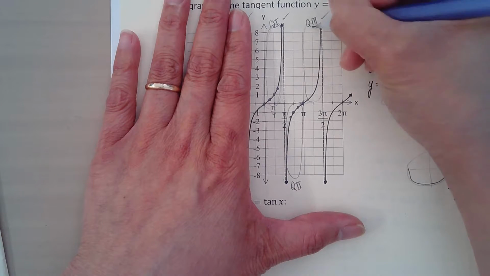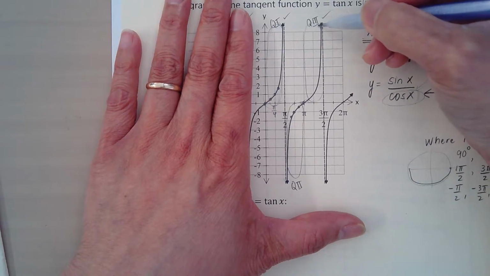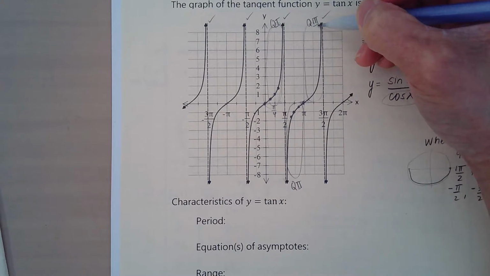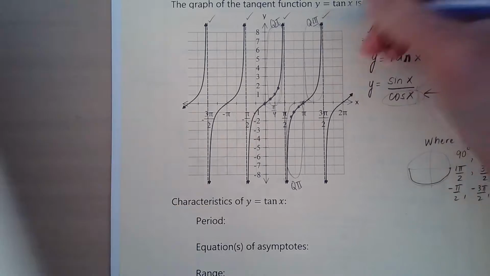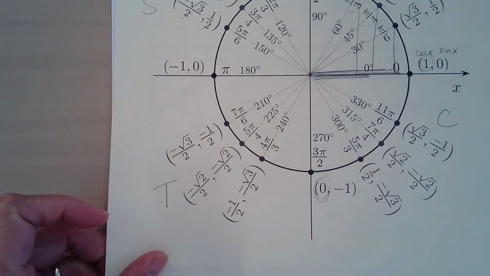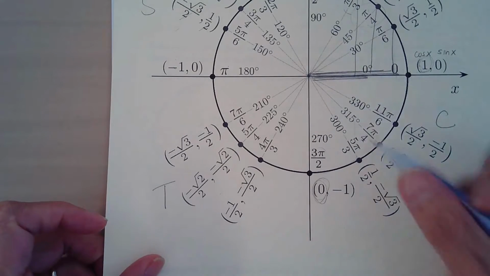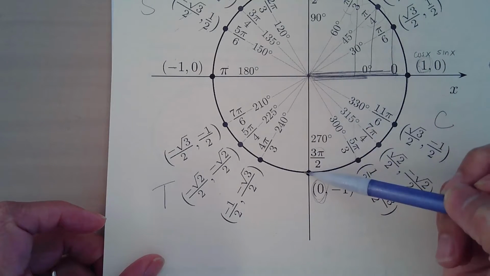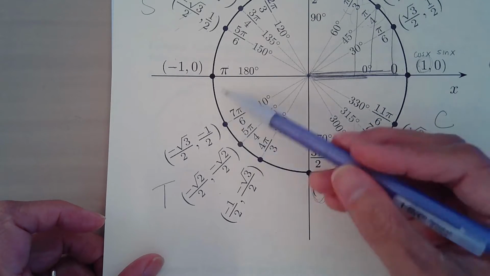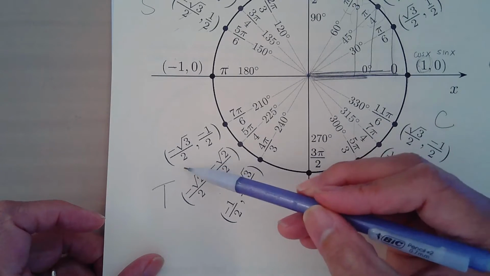And then let's take a look. In quadrant 3, tangent is positive. Is that true? Yeah. Sine is negative. Cos is negative. So negative divided by a negative gives us a positive. So tangent is positive in quadrant 3.